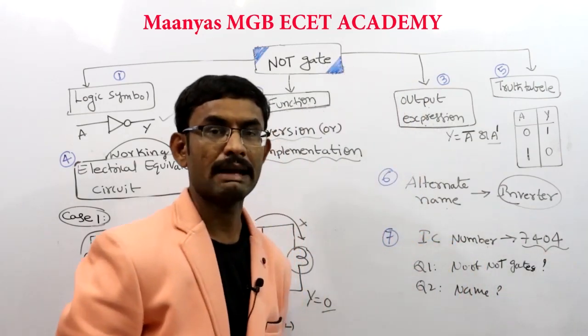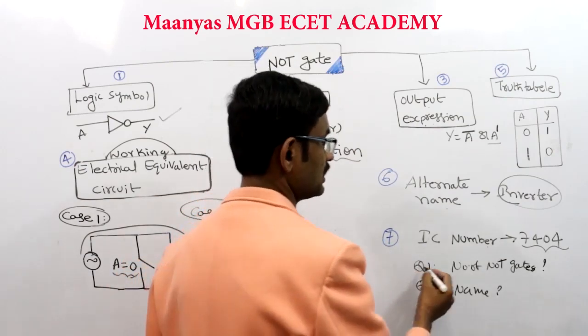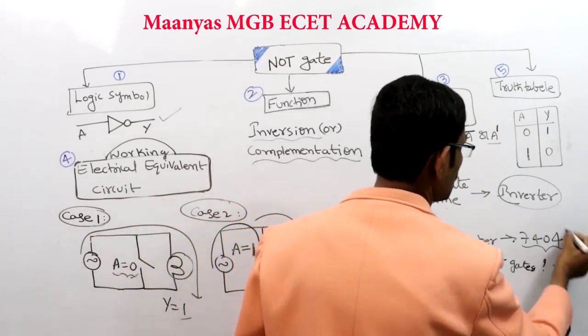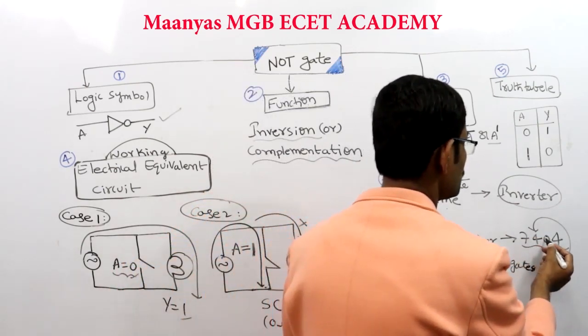7404. Now I am asking two questions. The first question is the number of NOT gates in the IC 7404. Next, what is the name of this 7404 IC?